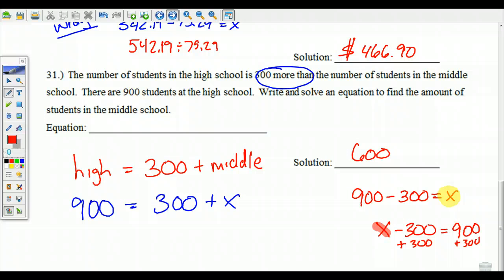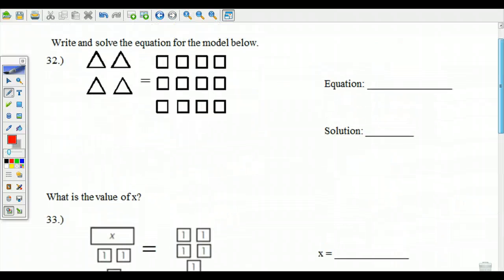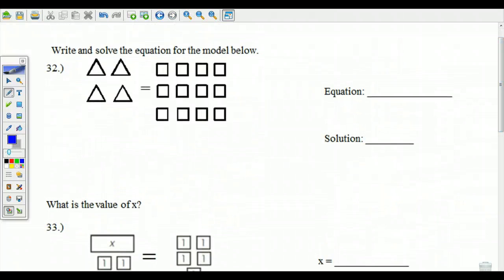All right, last page, and this is what we did on the board in class, not all together, but I just want to go through it one more time with you. Here, if we're trying to get triangles by themselves, we want to know how many squares work for a triangle. So we have 4 different triangles. We want to see how many groups we can make. So we need to divide these squares into 4 groups. So there's 1, 2, 3, 4.